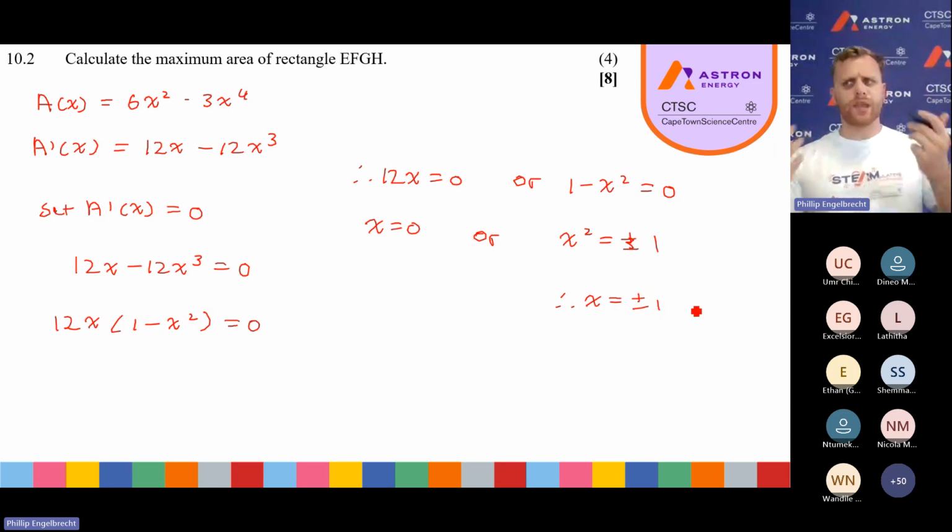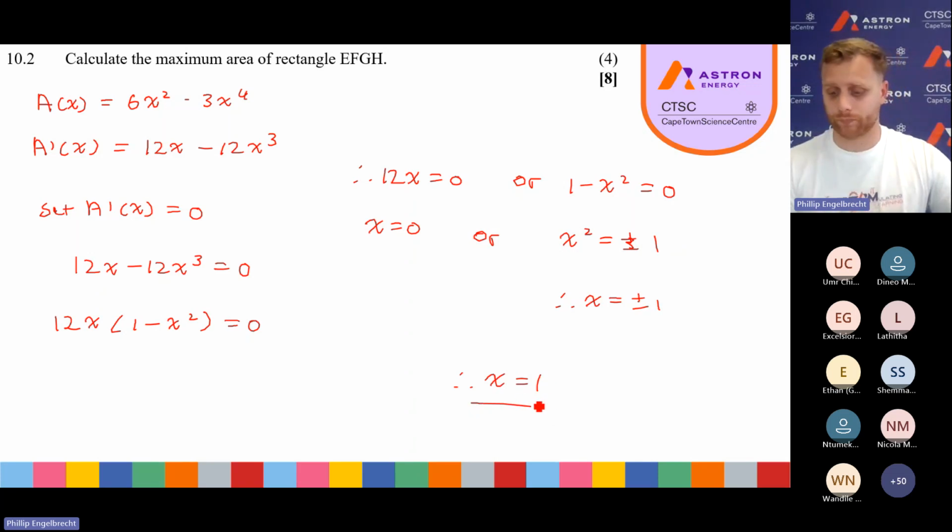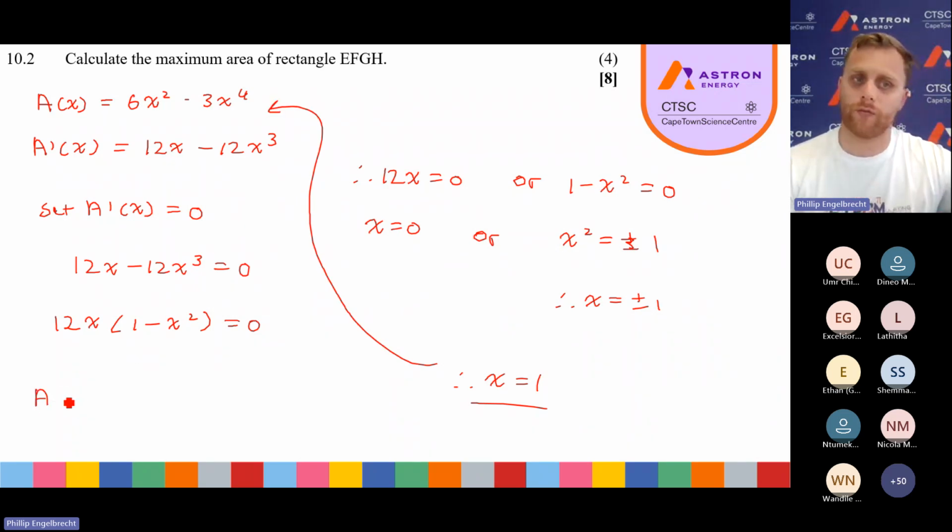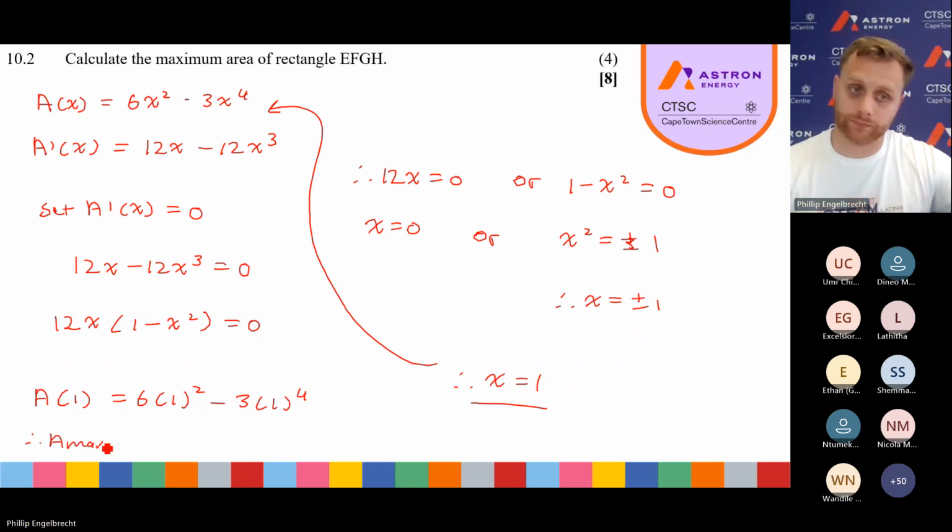But guys, here's the thing with area and length and breadth and all of that stuff. We don't really get such a thing as a negative area or negative lengths. So therefore, x is equal to 1. Now you take this and you substitute it into that original equation. So therefore, your area, when x is equal to 1, becomes 6 times 1 squared minus 3 times 1 to the power of 4. So therefore, the maximum area becomes 3 units squared. And there we go.